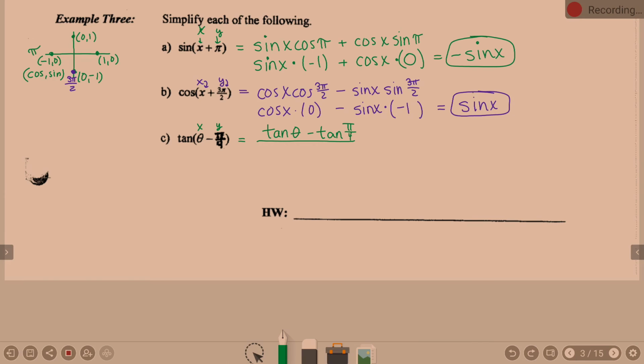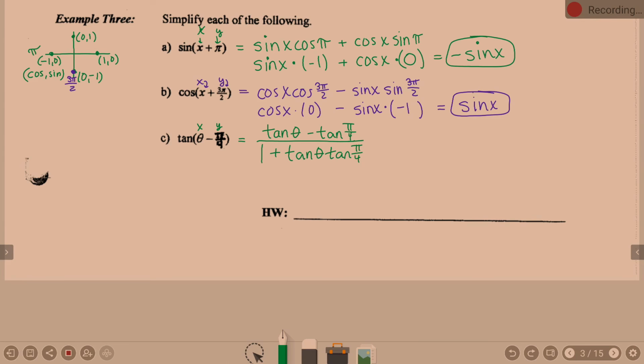So we keep that sign the same on top. What about the bottom? The bottom always starts off with 1. And then in this case, it's going to be plus because it's opposite the sign you started with. And then tangent theta, tangent pi over 4.